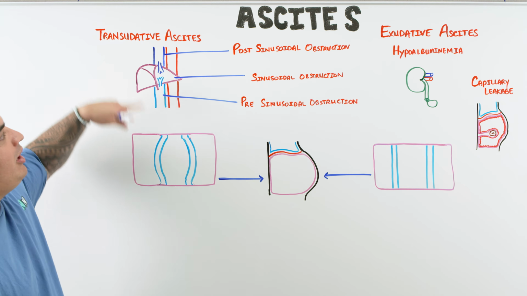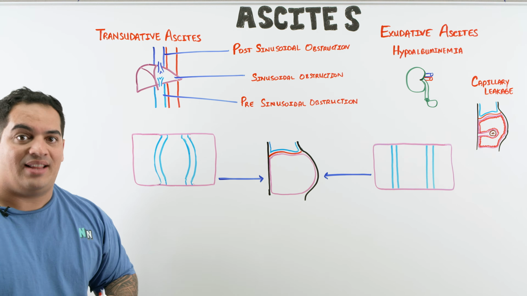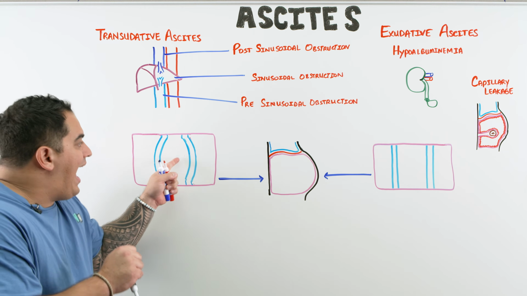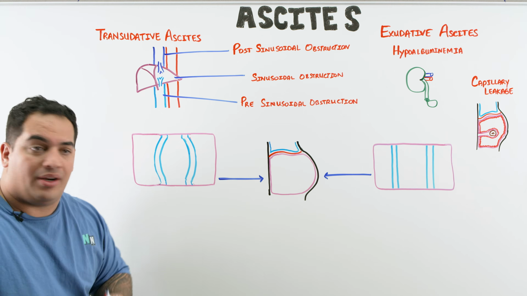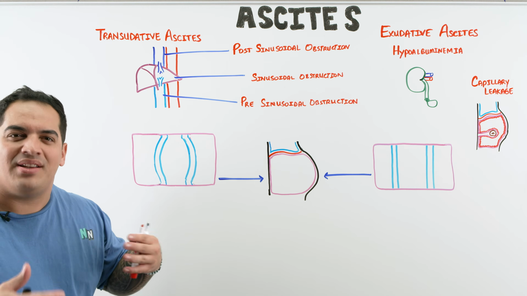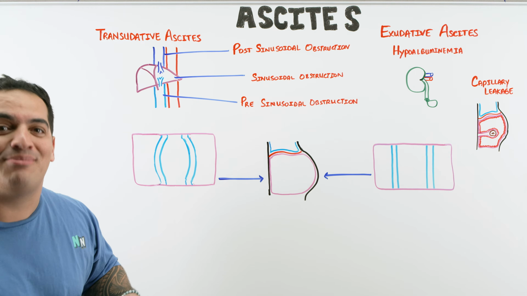So let's say that the primary problem in transudative ascites is that the pressure that pushes fluid and other small things out of the capillaries into the peritoneal space is related to the portal venous pressure.